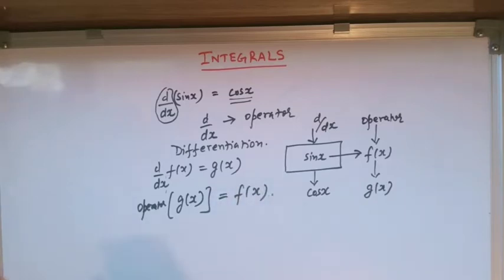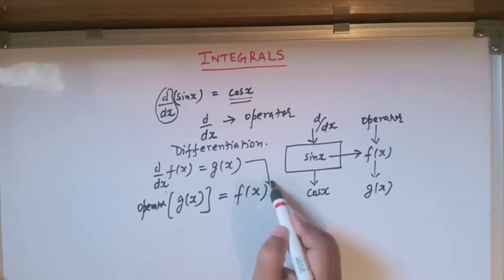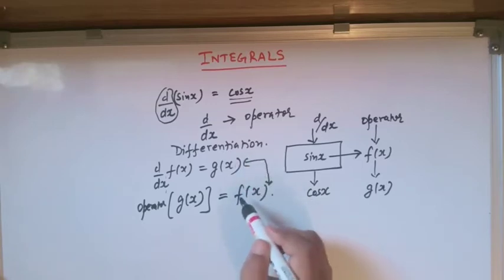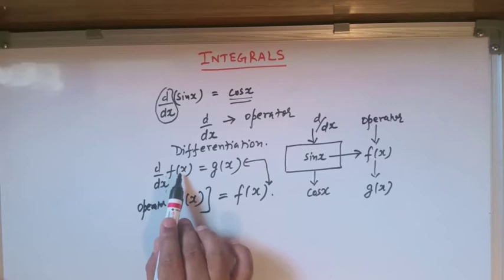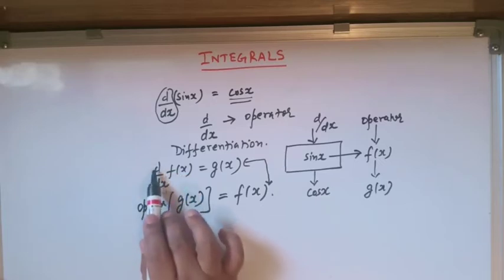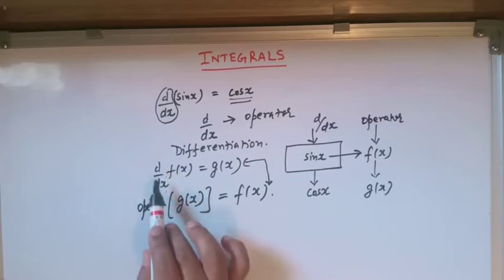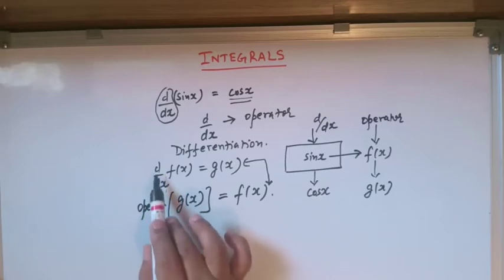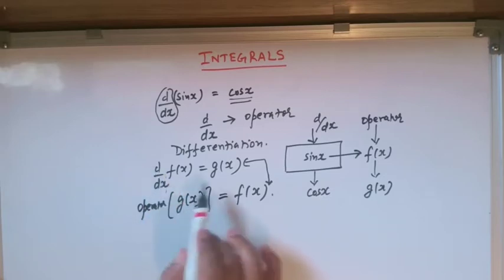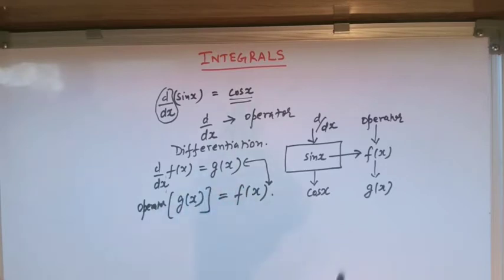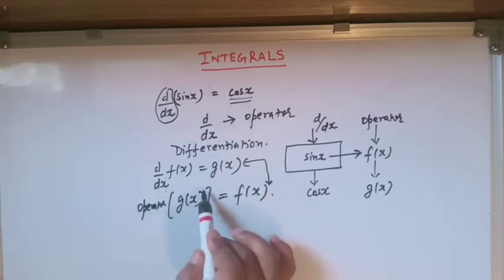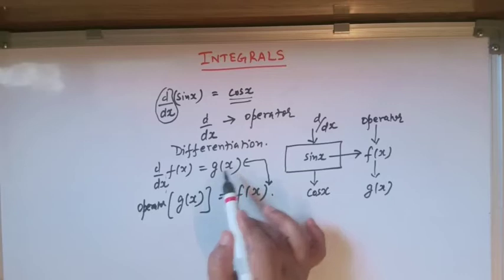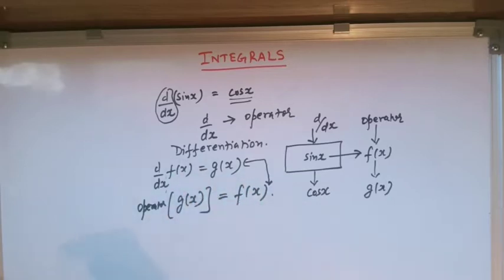Clear? So these two processes are now inverse of each other, because here we are operating this function f of x by this operator, known as the first derivative, and we are getting g of x. Now by which operator should we operate this function g of x to get f of x? And viewers, this operator is known as integration. Clear?